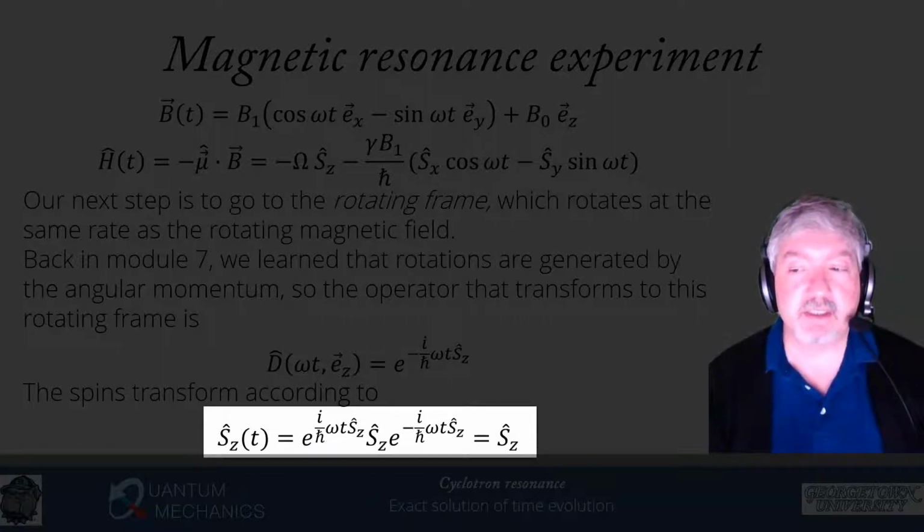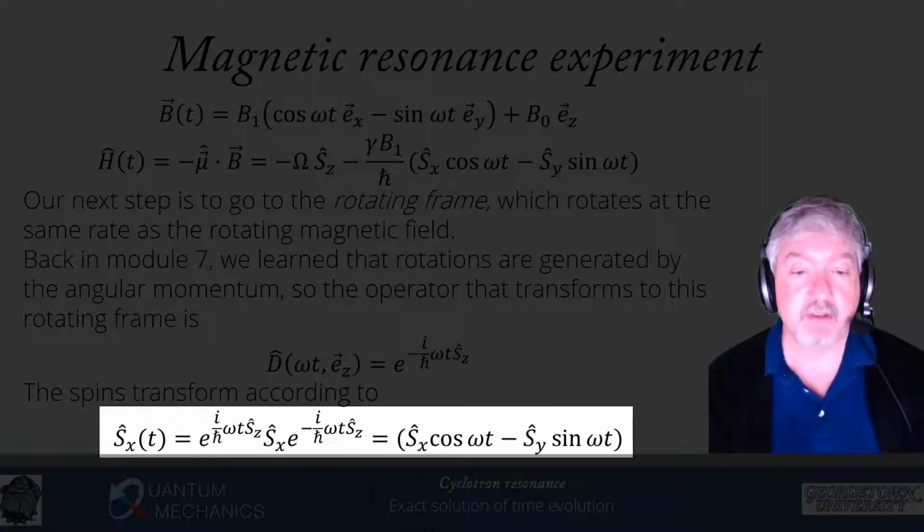Let's take a look at the z direction. Because Sz commutes with itself, I can just move that D through the Sz, and it's just Sz. There's no time dependence. Of course, if I have an object that's along an axis and I rotate about that axis, I don't change the object.